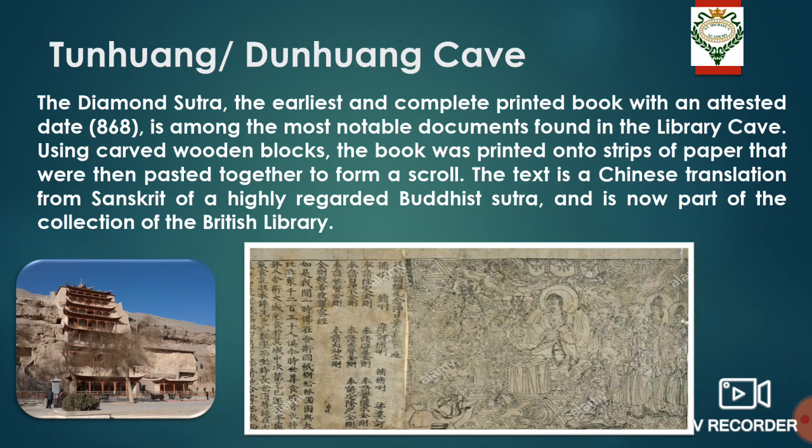It is considered a Chinese translation from Sanskrit of a highly regarded Buddhist sutra, and it is now part of a collection of the British Library. So this was an example of printing that happened during this Tang period.